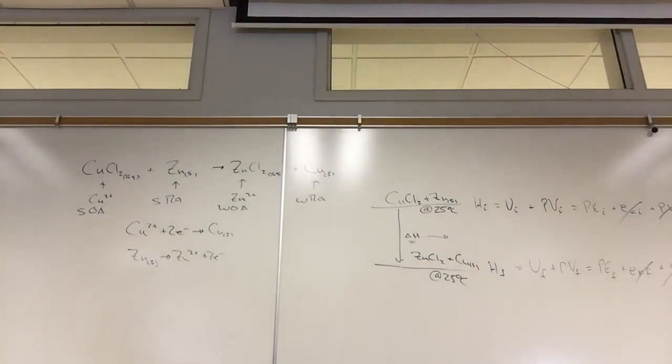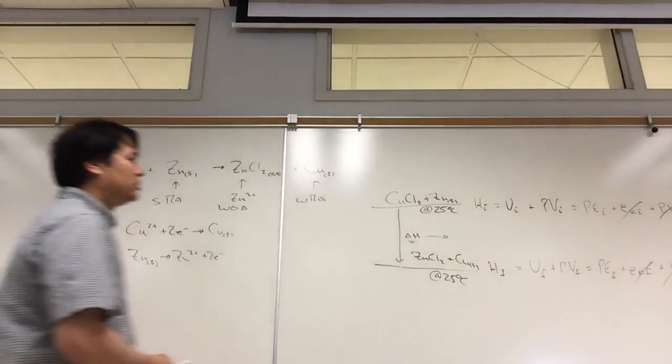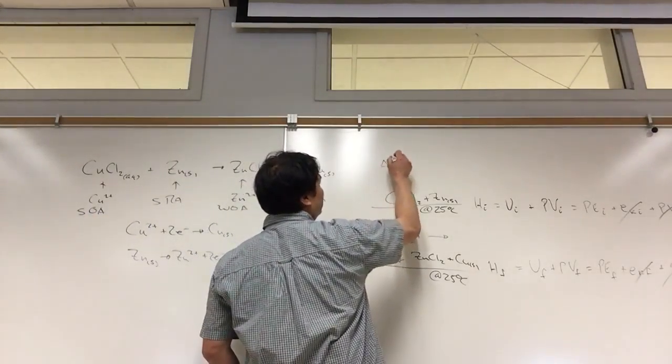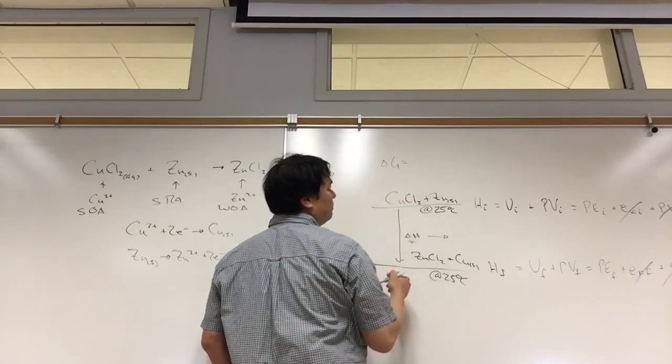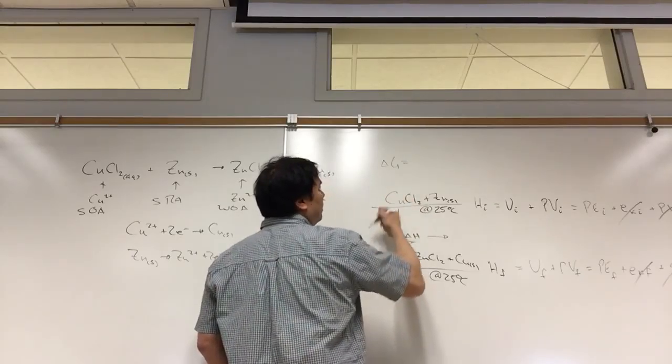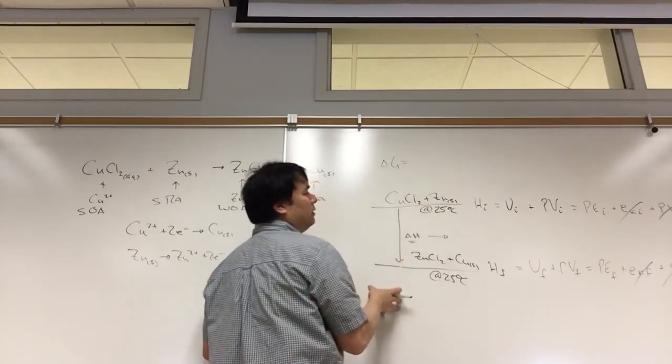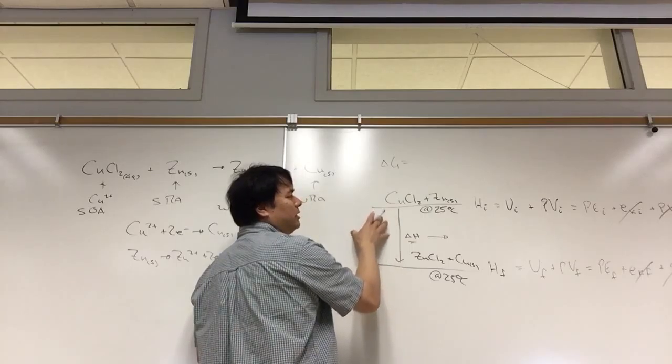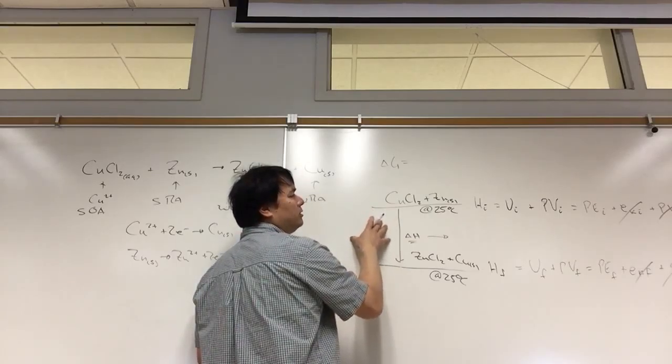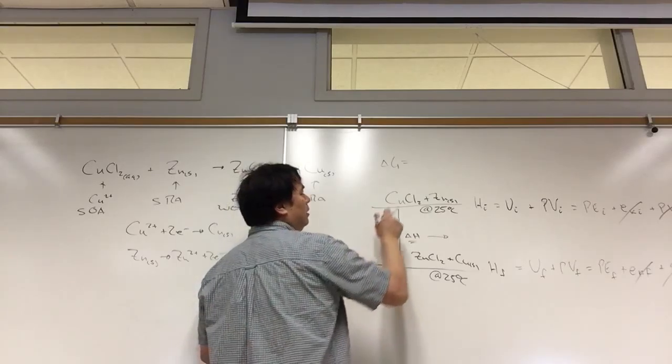This is Chem 1A, but for Chem 1B, what are we after? We're not after delta H necessarily. We're after delta S and delta G, right? And so we want to know what delta G is for this. Delta G is what we call the free energy. The free energy is the total energy, including the entropy change.